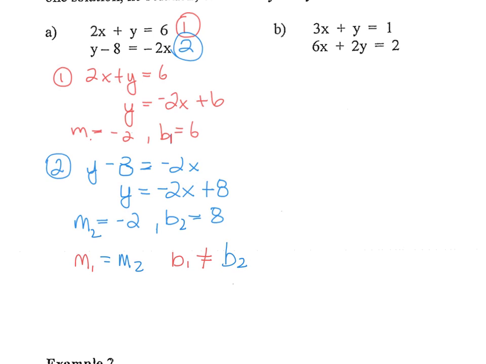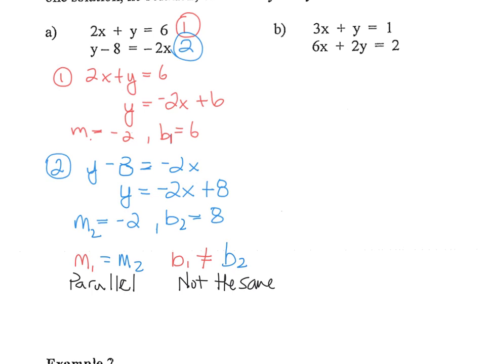So in this case, the slopes are the same, my lines are parallel, but not the same. That's what the b values being different mean.